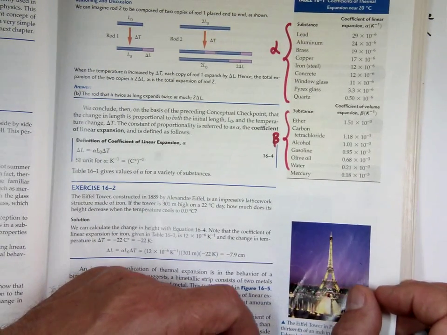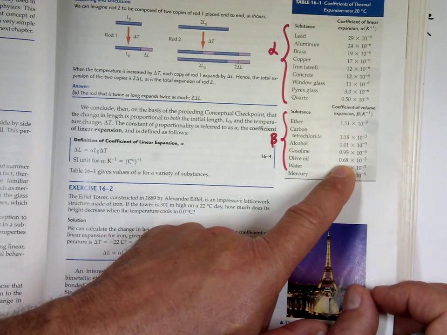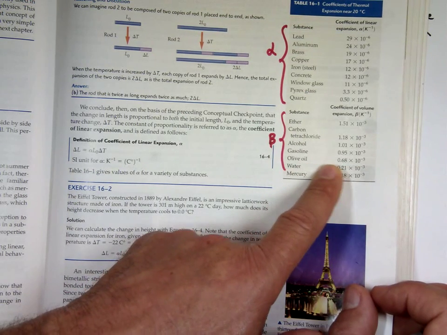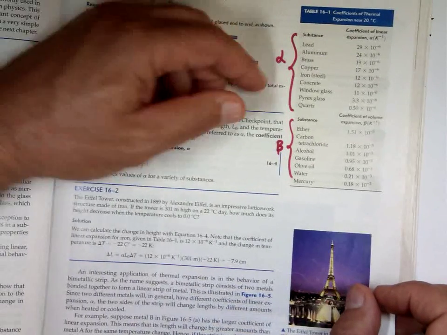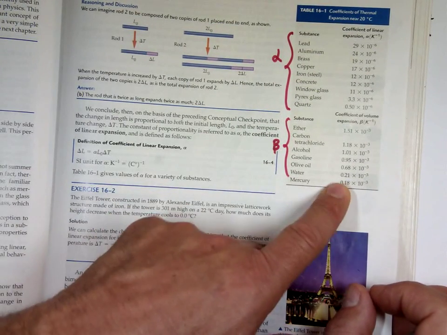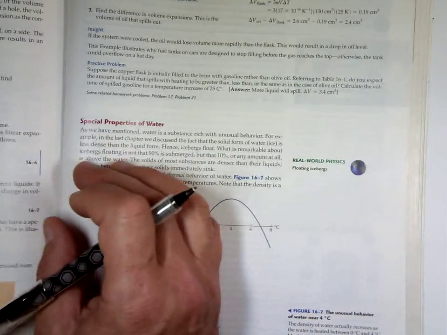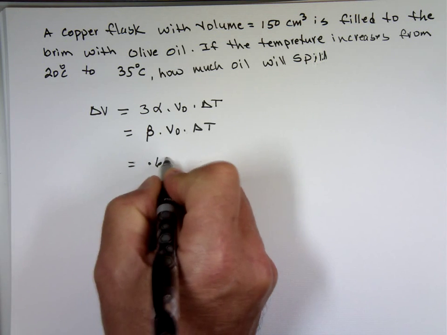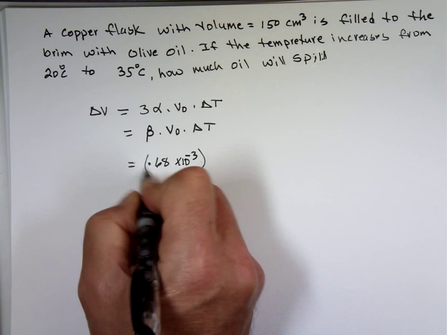So if this is gasoline, I think we use olive oil here, that's 0.68 times 10 to the minus 3. That's what beta is. Not 3 times that number. Beta is actually 3 times that alpha if that was lead. So we're going to use that beta, 0.68 times 10 to the minus 3, times the original volume. What was the original volume of that flask?